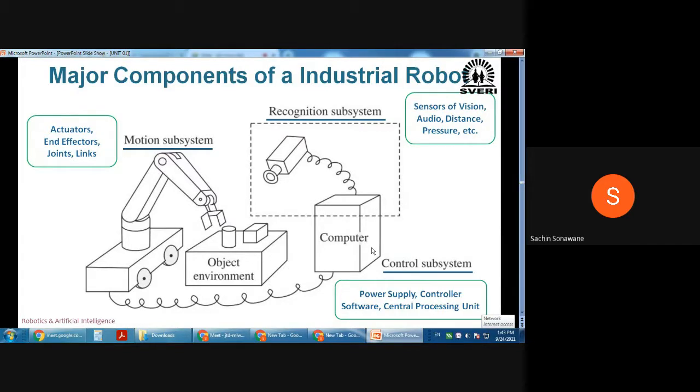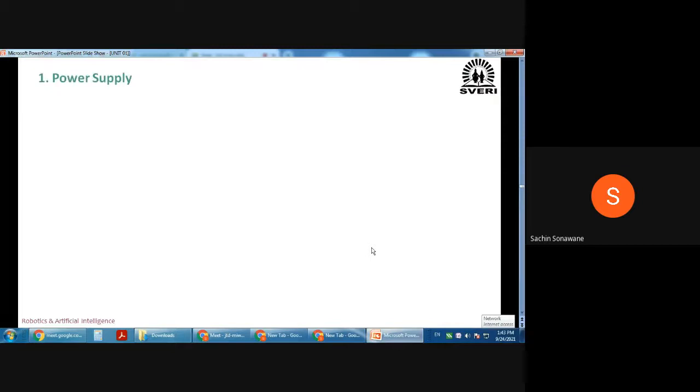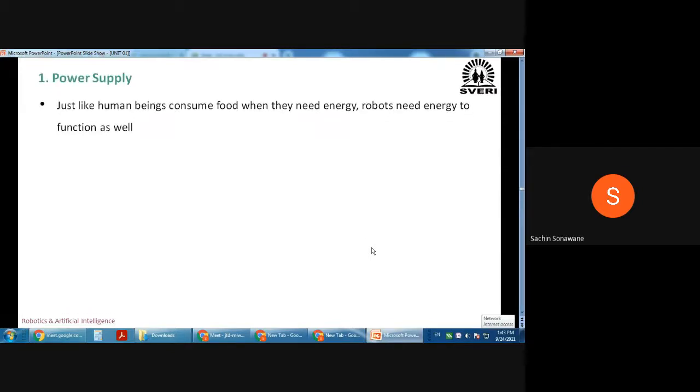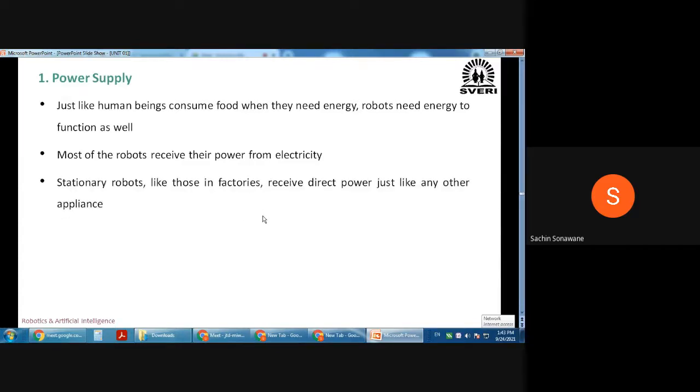Now we'll discuss one by one. Power supply. Just like human beings consume food when they need energy, robots need energy to function as well. Most of the robots receive their power from electricity. Stationary robots like those in factories receive direct power just like any other appliance.